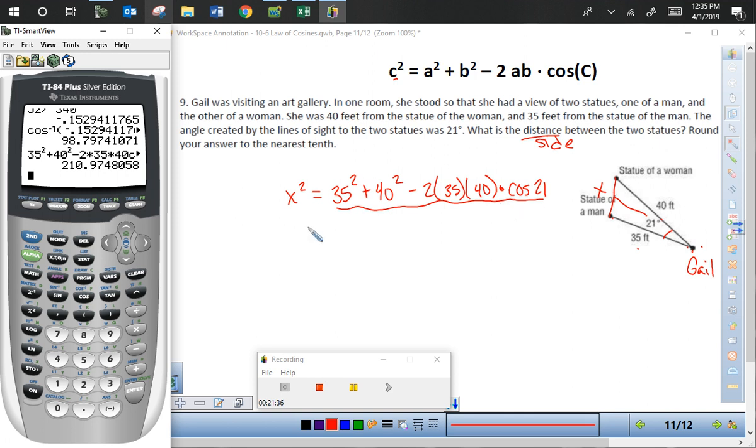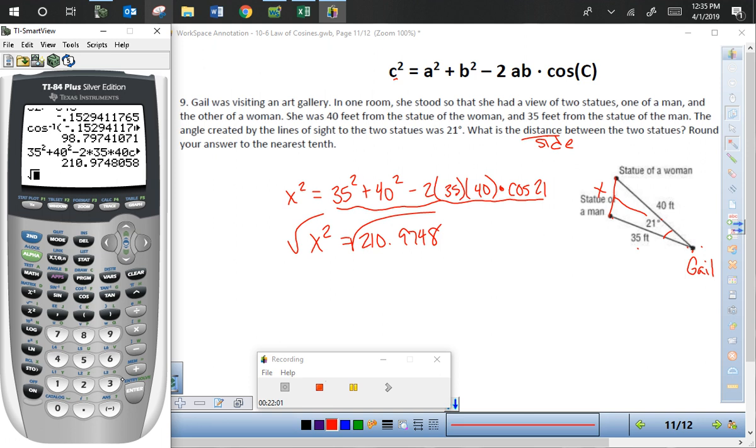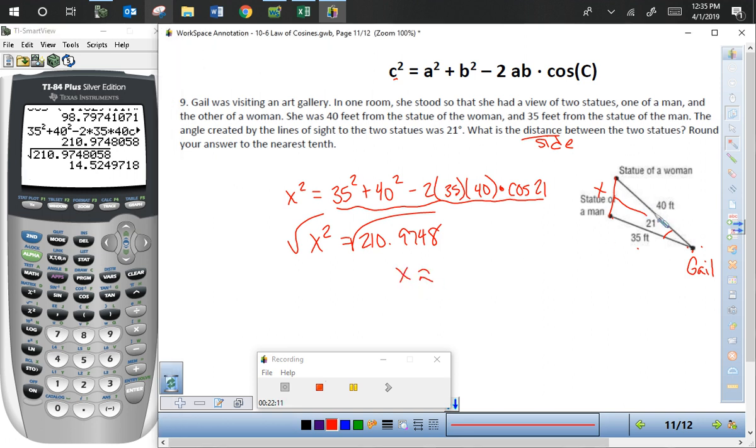Okay, so remember this is x squared, 210.9748, but we have to do one more step and take the square root of that. So our final answer is 14.5. Looking at our other numbers or our other sides, that's pretty reasonable since this is smaller. And looking at our other sides tells us our label is feet.